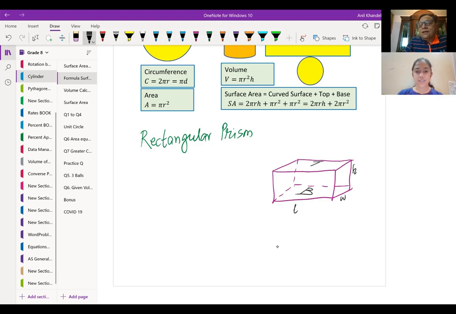The area of top and bottom is exactly the same, right? So what is the area of top and bottom? If I say my length is L, width is W, and H is height, in that case, the area of top and bottom is length times width, 2 times, because they are the same, correct?